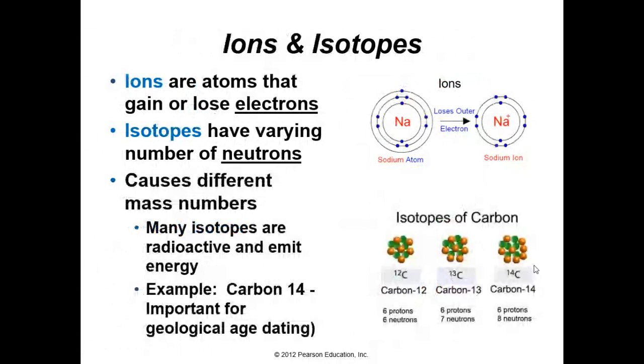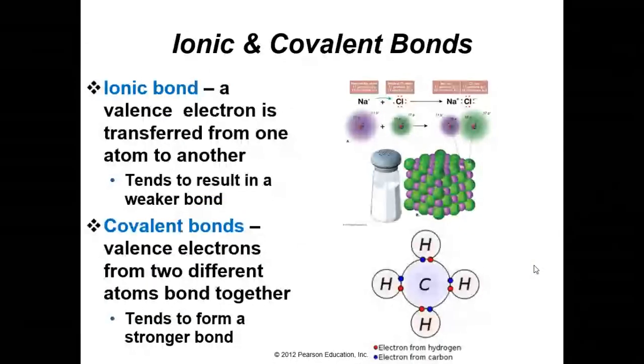All right, so then let's talk bonding here. There are 2 different types of bonds, ionic and covalent. This is where the valence electrons come in. With an ionic bond, the valence electron in the outer shell gets transferred from one atom to another during the bonding process.